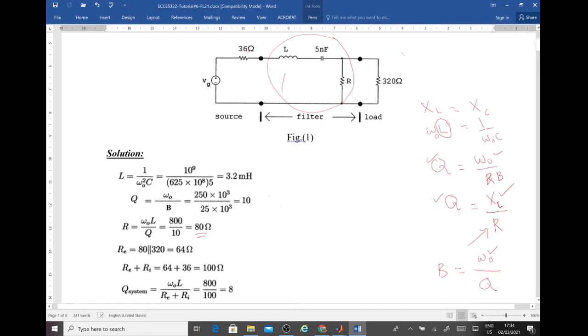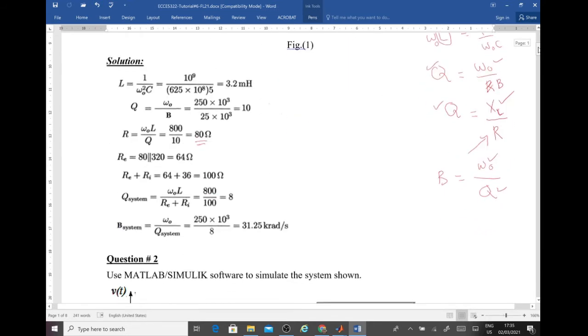So omega naught is given, quality factor is already calculated for the whole system, so that will give us the value of the bandwidth, and that will be equal to 31.25 kilo radians per second. Okay, so this is with regard to the first question.